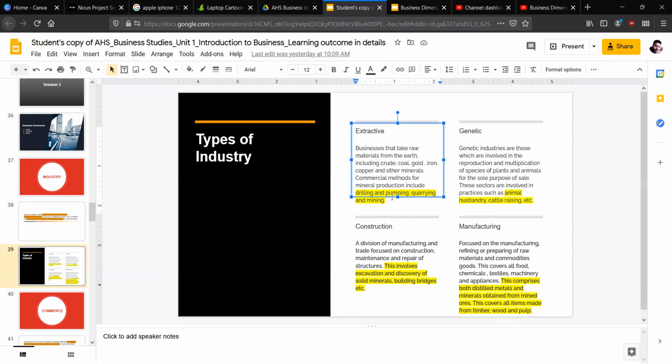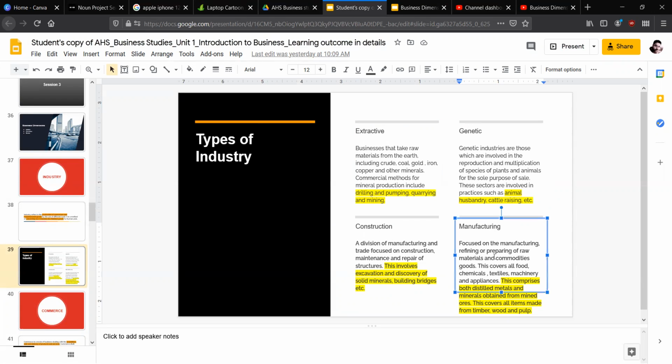If they are, then extractive industry is playing a role in making Apple iPhone 12. And if the raw material is being processed, then manufacturing industry is playing a role in the production of Apple iPhone. So search your information based on these categories.